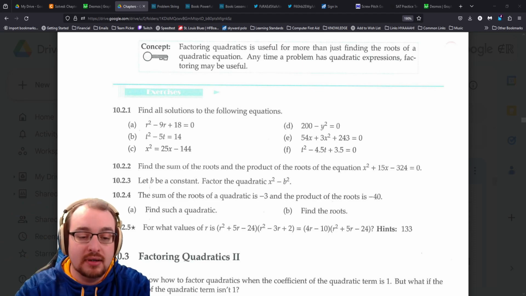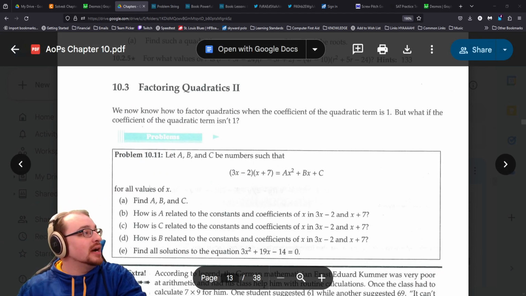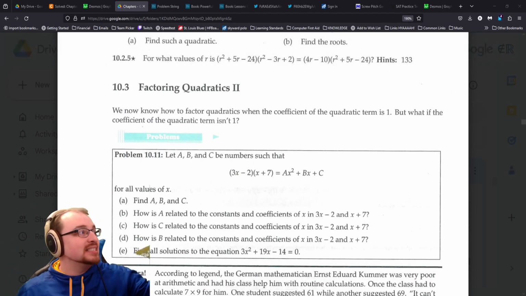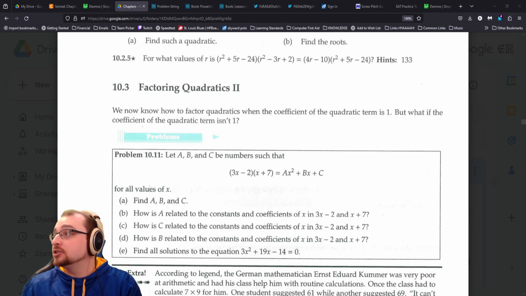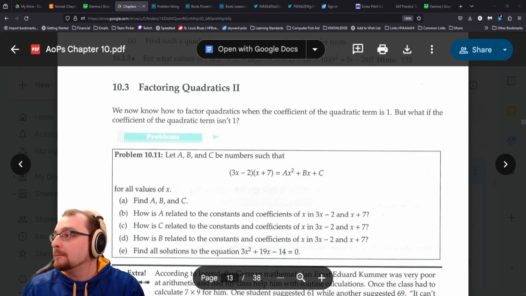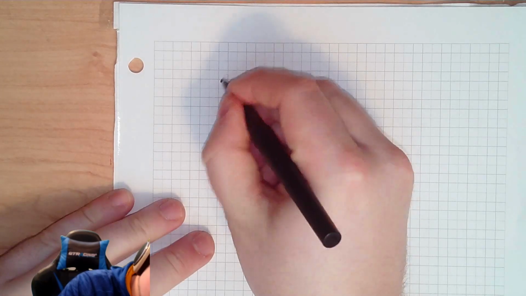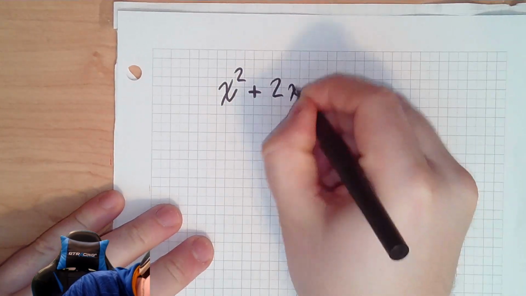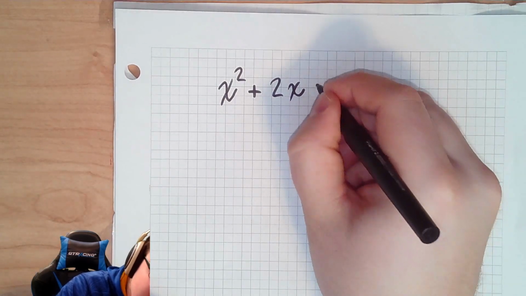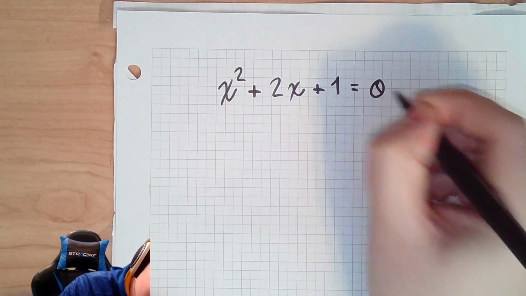What I want to look at now is this next stuff. So we've been factoring quadratics, except as it says here, we know how to factor it when the quadratic term's coefficient is 1. What about if it isn't? So what they mean by that is this. I think we feel okay about finding numbers that multiply to 1 and add to 2, right?